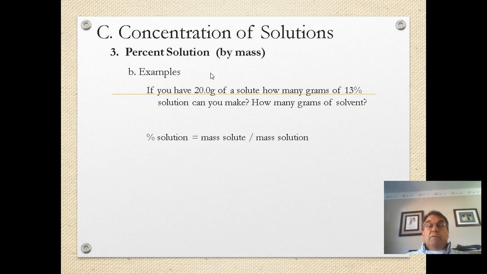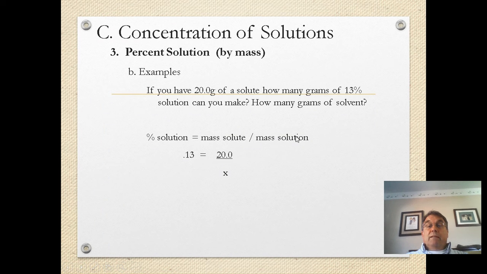If you have 20 grams of solute, how many grams of 13% solution can you make? How many grams of solvent? So you have 20 grams of solute. You want to make a 13% solution. So how would you make it? So again, you change the 13% to its decimal equivalent. You say 0.13 equals 20, which is the grams of solute, over X, which is the grams of solution.